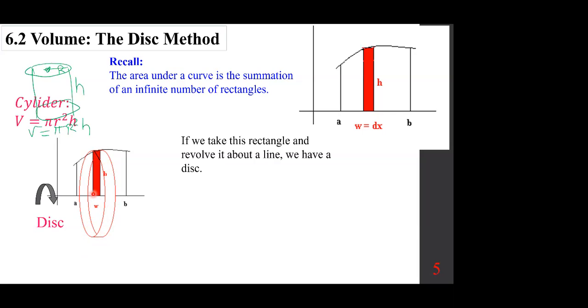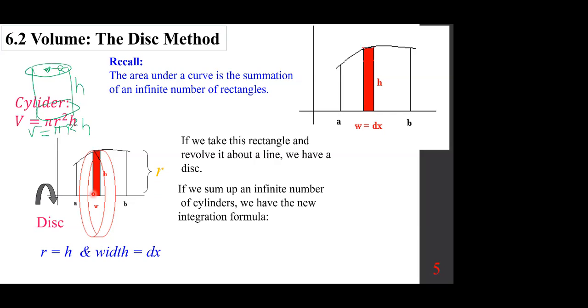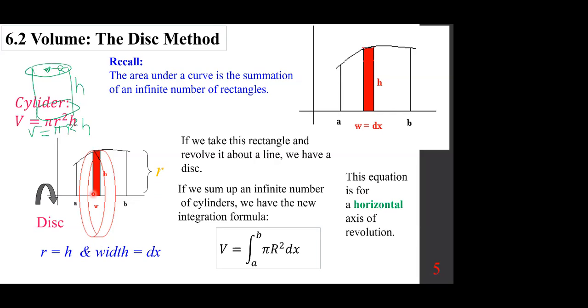So the cylinder V equals pi r squared h. Sometimes we use lowercase, sometimes uppercase. This is R, class. R is the height, or the y coordinate. Width is the dx. And we sum them up. This is the answer. And this equation is for a horizontal axis of revolution, okay, class?